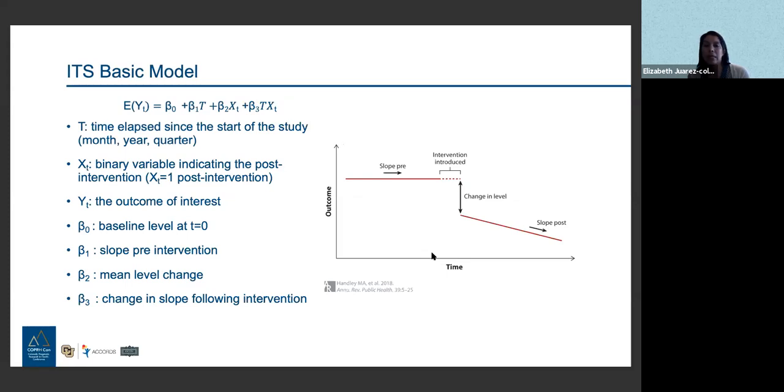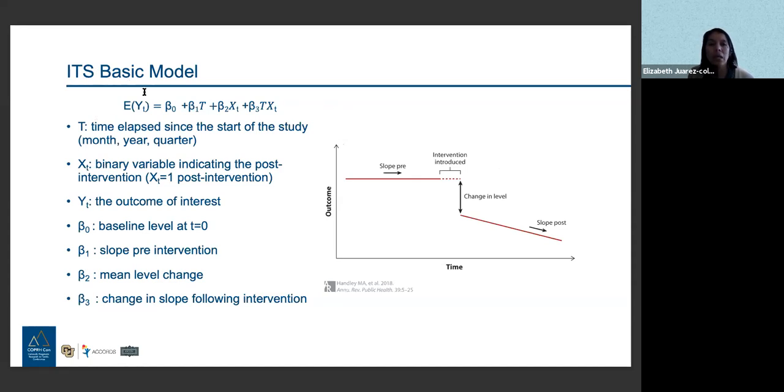Now, a very basic and common model is what we'll discuss in this slide. As in many models in biostatistics, we can parameterize the model in different ways, and that's perfectly fine. It's essentially the same model, just parameterized in different ways.